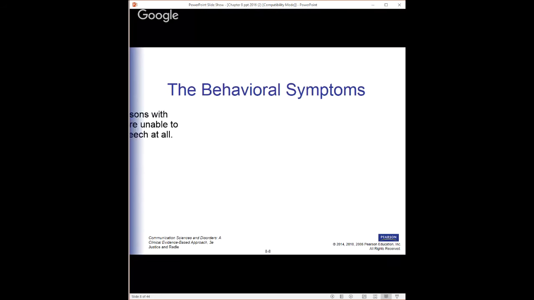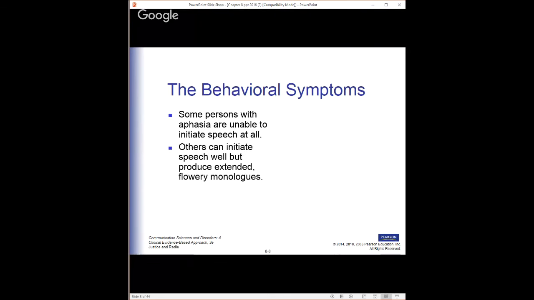The behavioral symptoms: some people with aphasia are unable to initiate speech at all, whereas others can initiate speech well, but produce extended, flowery monologues.